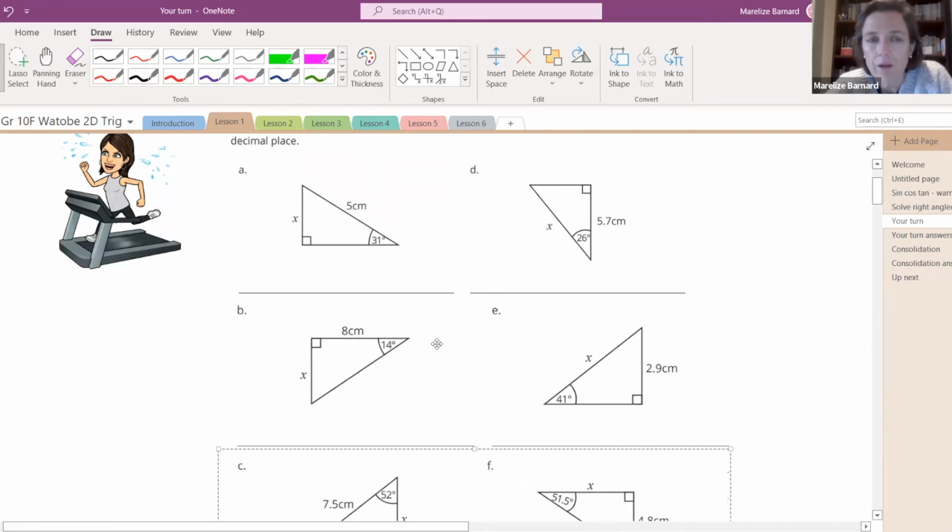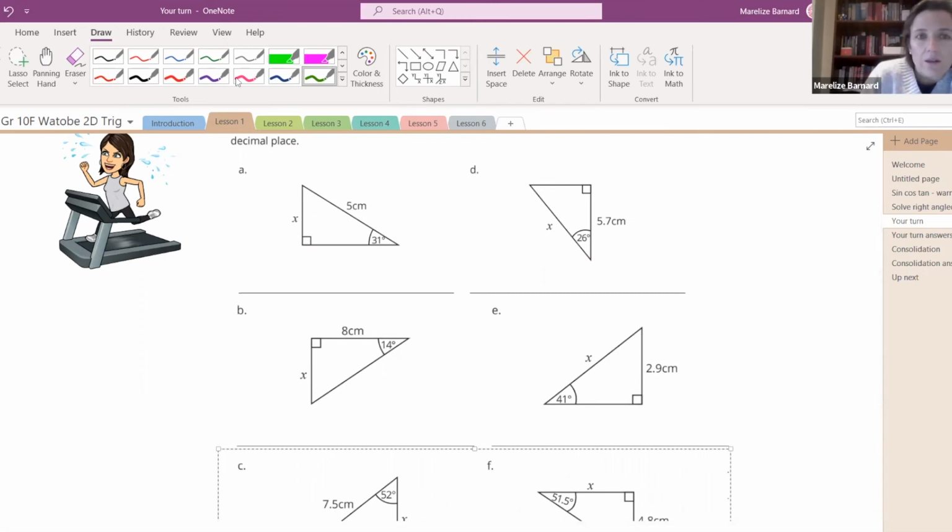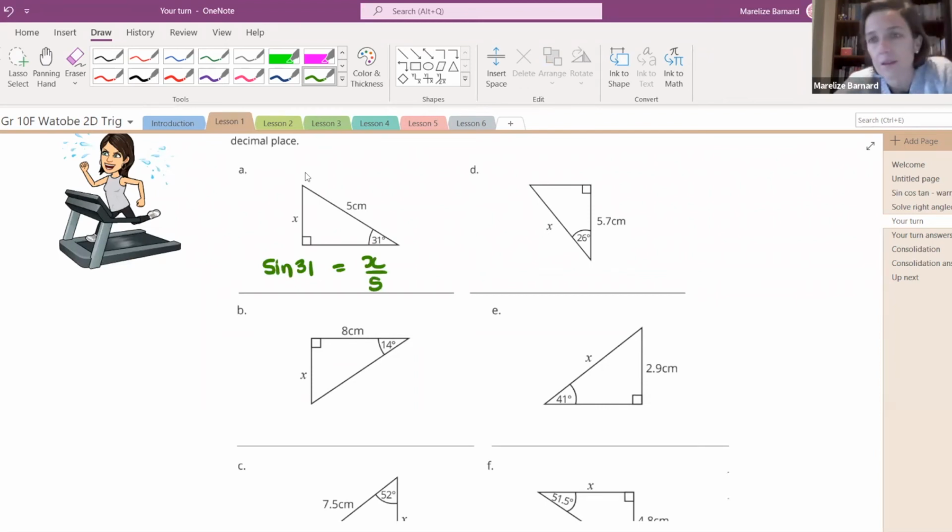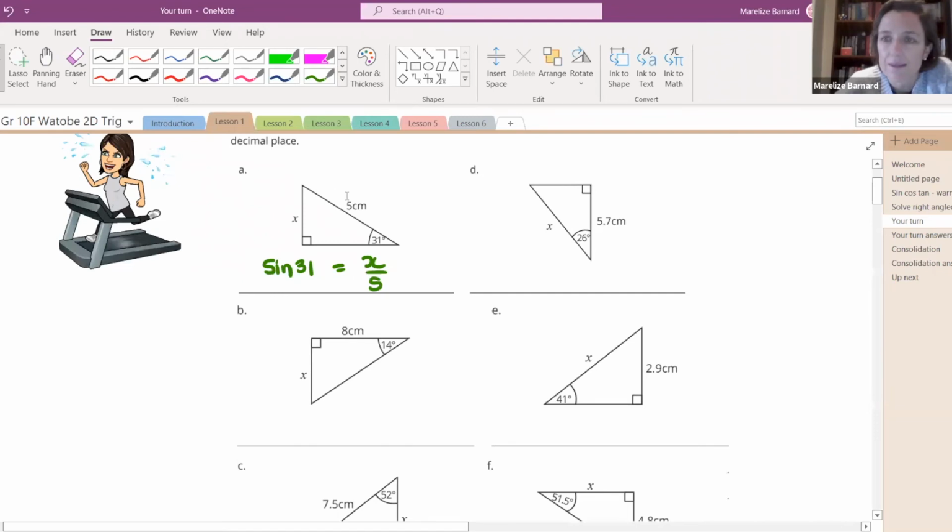I'm not entirely sure what you mean, but maybe it helps if I just show you the first bit. So it's sine 31 equals opposite over hypotenuse, like that. And now you're going to solve for x.